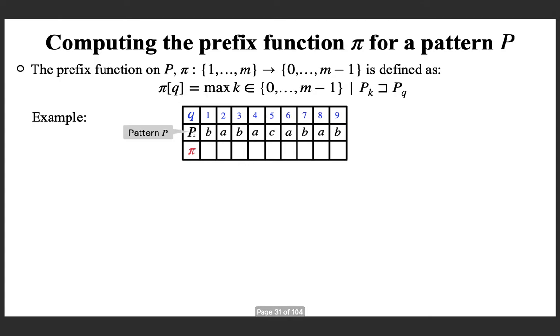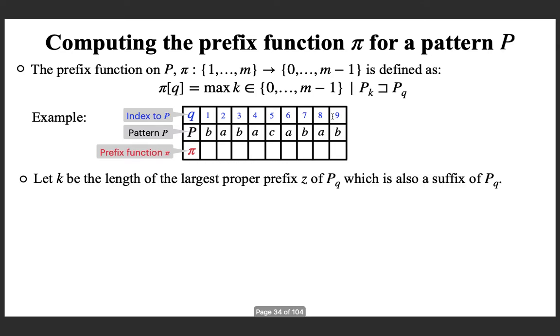In this, P is the pattern and q is going to index the pattern. In this case there are 9 elements, so q is going to take values from 1 to 9, and pi is the prefix function that we want to compute. Now let k be the length of the largest prefix, say Z of Pq, when you are proceeding in the pattern for q taking values from 1 to 9. Suppose you reached, say, this point, then what will be Pq?